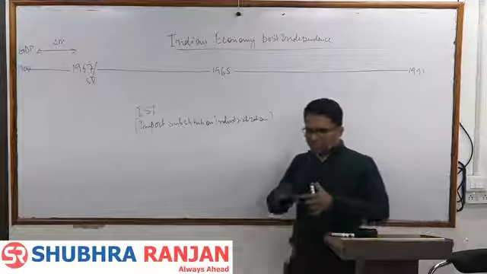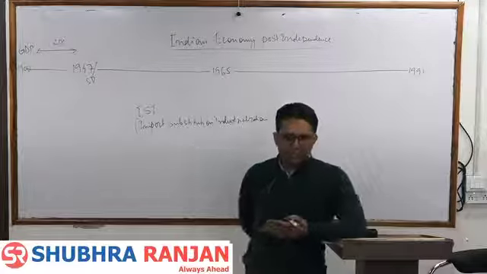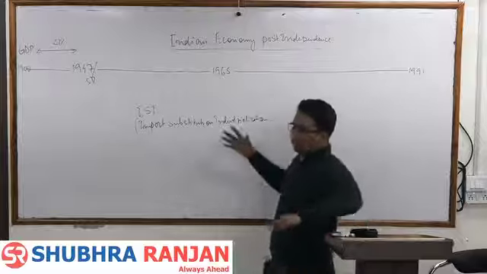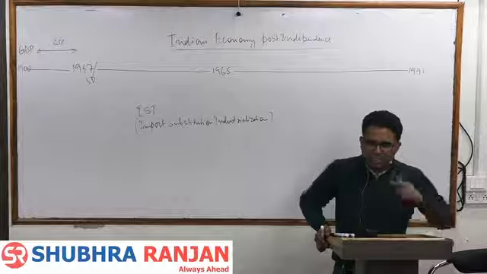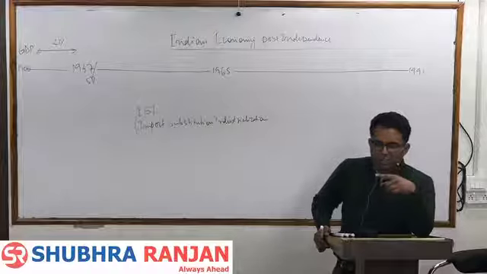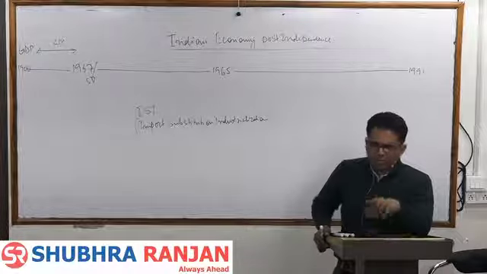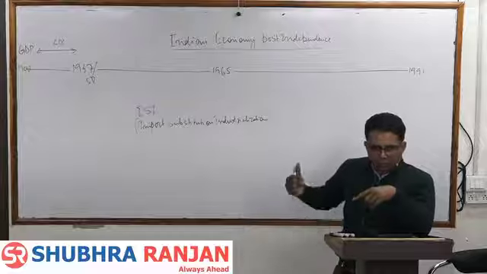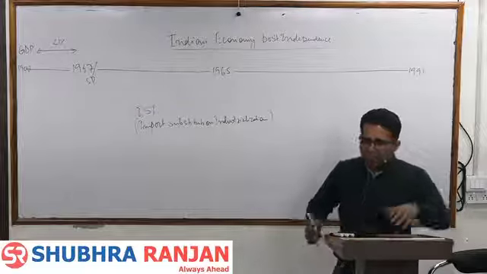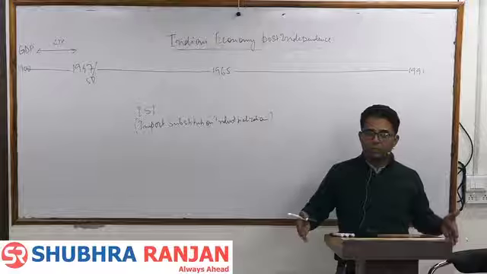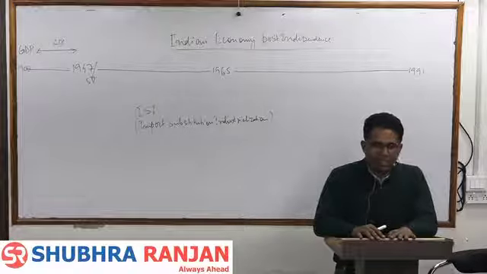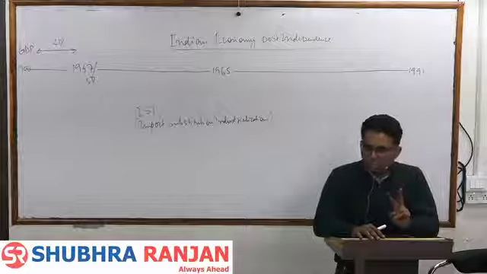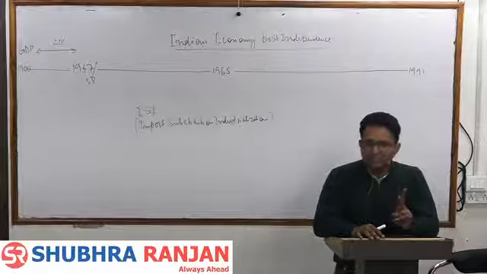Now to follow this strategy, substituting the imports of capital goods and other goods by domestic industrialization, what we did is, before 1947 free trade was forced on us. Post 1947, to follow this strategy of domestic industrialization, we created huge trade barriers. Mainly two things come: one is quota restriction, quantitative restriction, the other is tariff restriction.